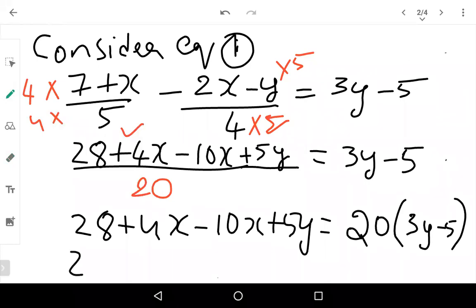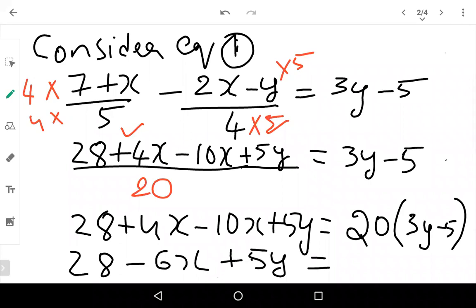So 28 minus 6x plus 5y is equal to 20 into 3, which gives me 60y, minus 20 into 5, which gives me 100. Everybody understood till here?